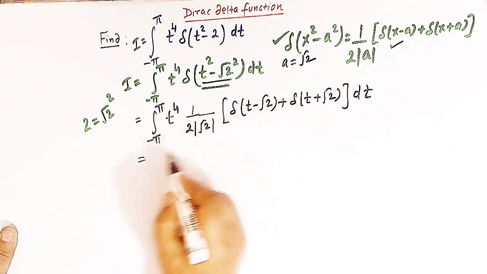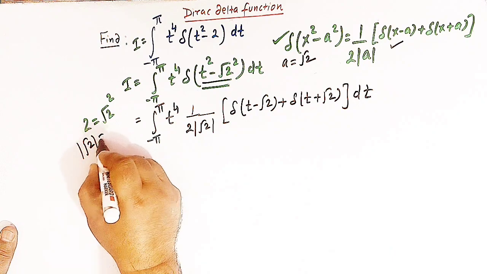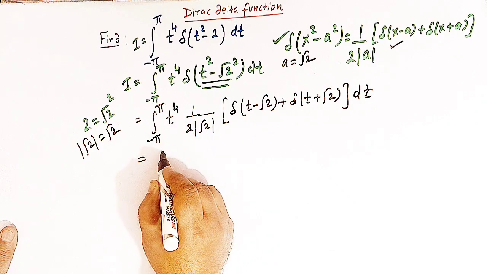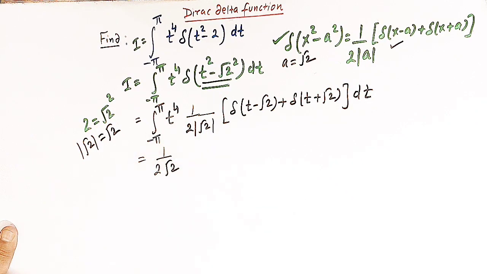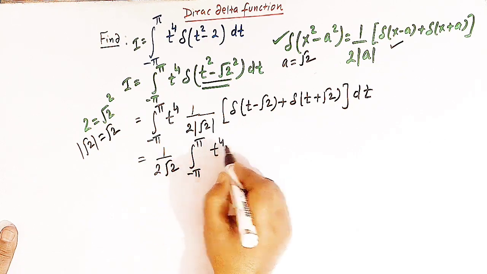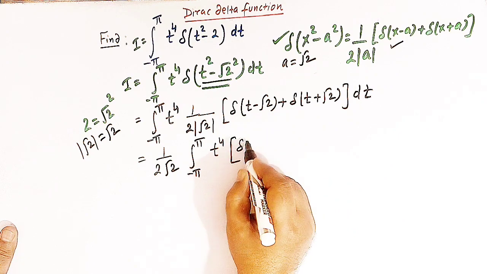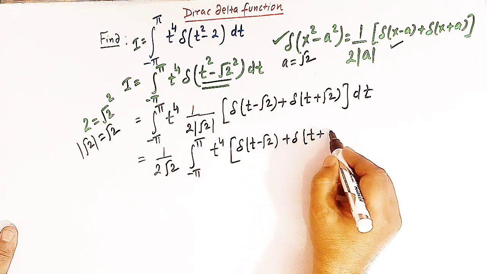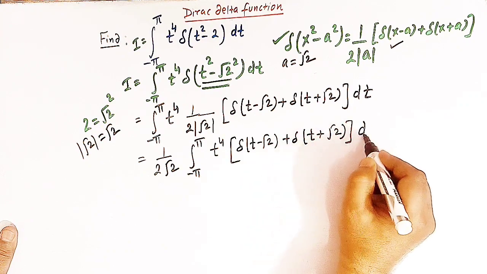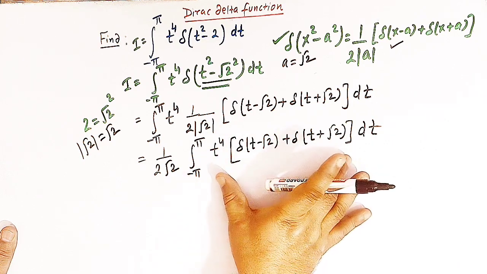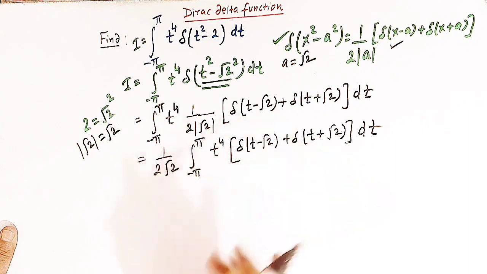So now the absolute value of square root of 2 is simply square root of 2. So we can take 1 over 2 times square root of 2 outside the integral, and we have minus pi to pi t raised to 4, and this expression, that is delta t minus square root of 2 and delta t plus square root of 2, and here we have dt, right? So now let us write this integral as a sum of two integrals.